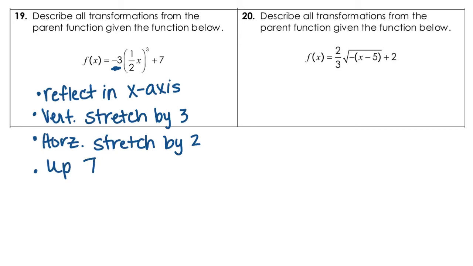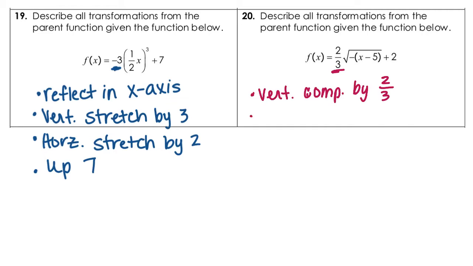All right, so looking over at number 20, we're going to go through that same process. So again, starting on the outside portion, we have our 2/3, so that means that we have a vertical, and that 2/3 is less than 1, so it's going to be a compression by 2/3, by what it says exactly.